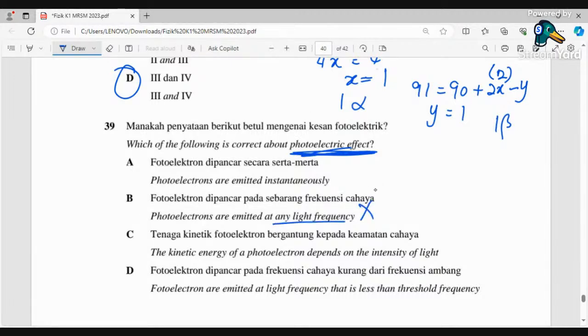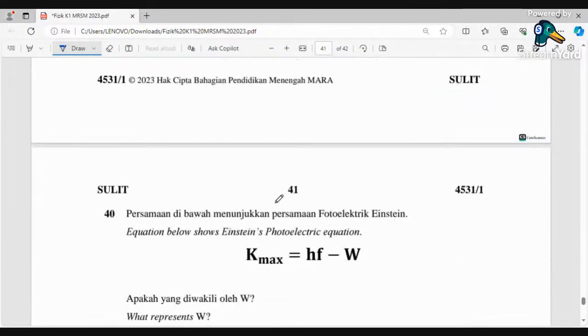Dia ada certain frequency which is larger or equal to threshold frequency. Kinetic depends on intensity. No, kinetic energy depends on frequency, not intensity. Intensity of light affect number of photoelectron emitted. Photoelectron emitted at light frequency is less than, it's not less, should be larger or equal. So answer ialah A, instantaneously emitted.